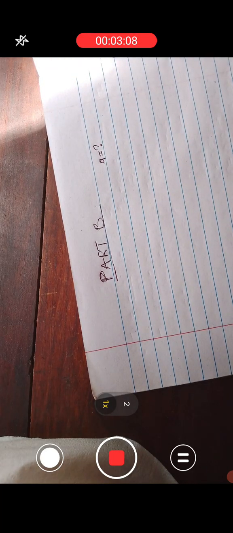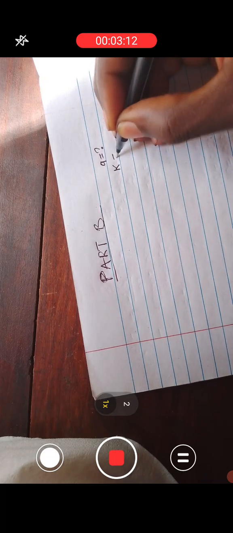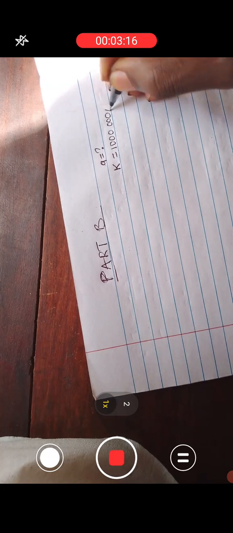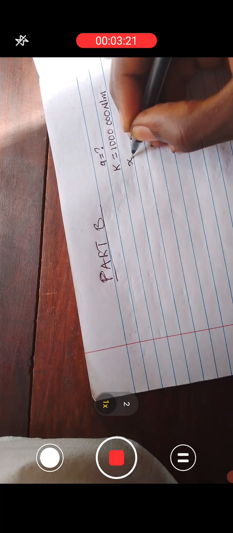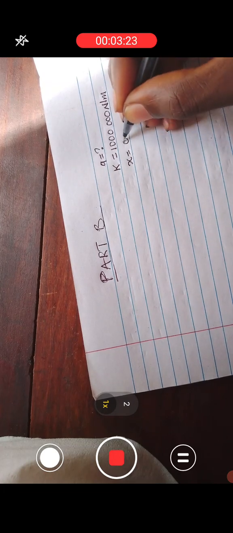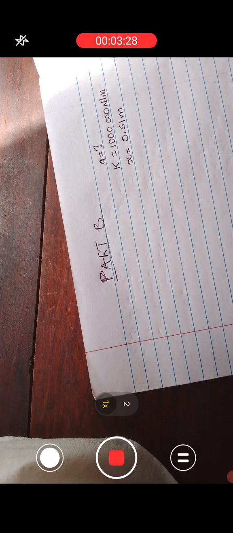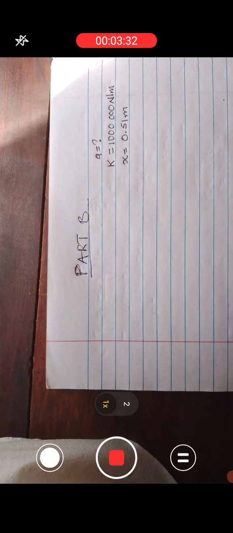Based on the data we have the spring constant, which is 1 million newtons per meter. Then we also have the maximum distance, which was 0.51 meters. If the first part is long, all the parts will be long, so you have to make sure you punch correctly on the calculator.